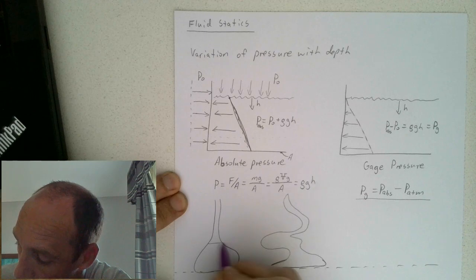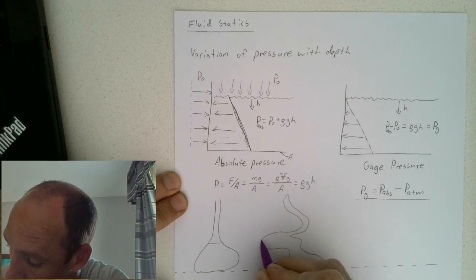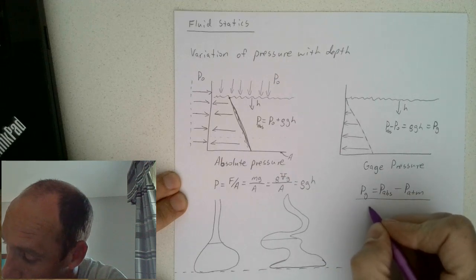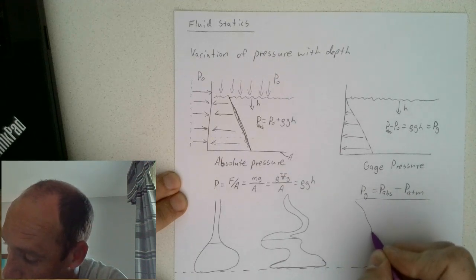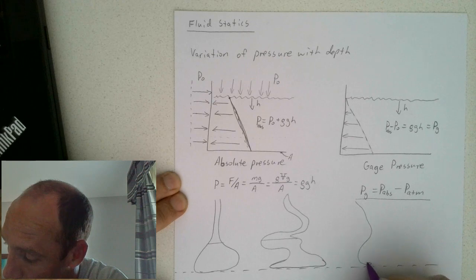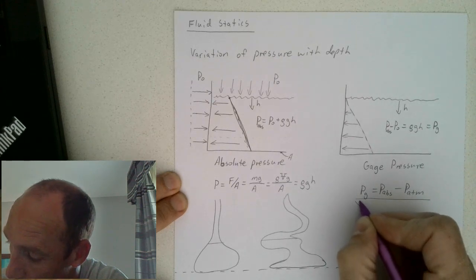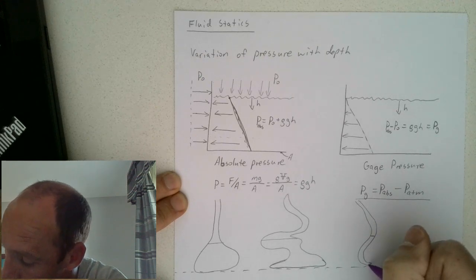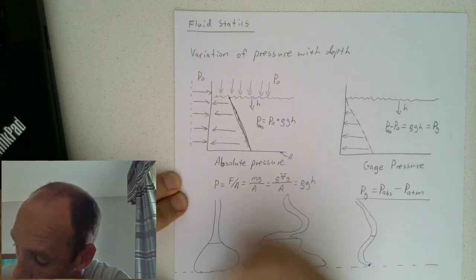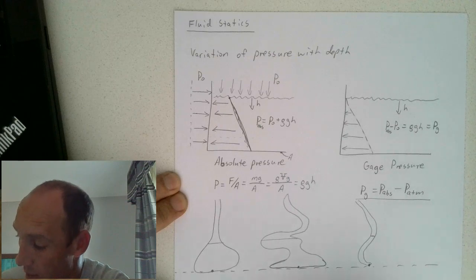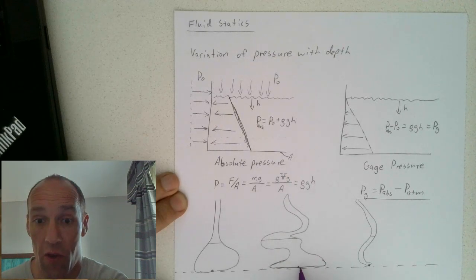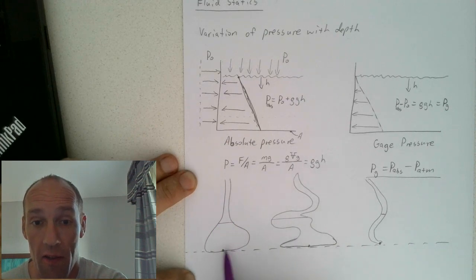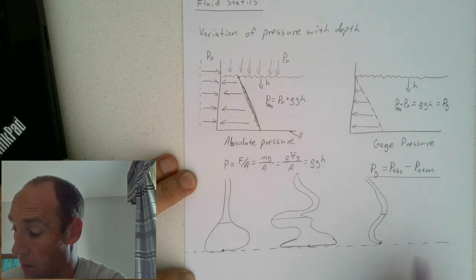They're filled to, say, this height. And then we had just a long skinny tube, and it's filled also to this height. So the pressure at this point on all of them is equal. The pressure here is equal to the pressure there, is equal to the pressure there. We fill them all up to the same height, so the pressure here and here and here are all the same.